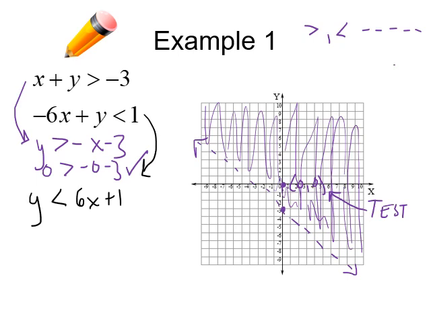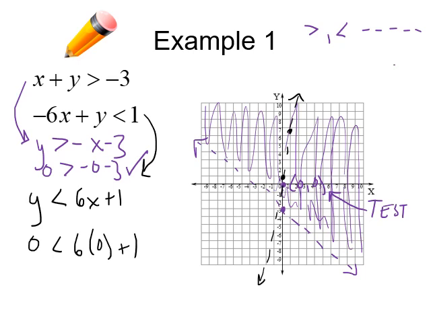Now for my next line, I solved and got y by itself. Let's graph it. Y-intercept of positive 1. My slope is up 6 over 1. And this is again a strict inequality, so I've got a dotted line. 0, 0 is to the right of that line. So if I plug in 0, 0, I want to see if this is true or false.